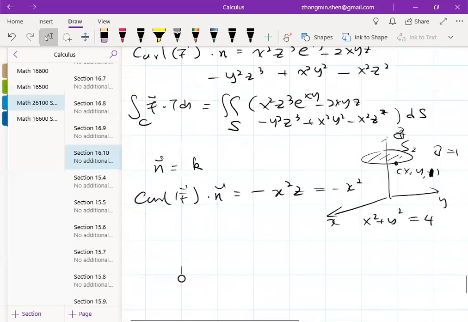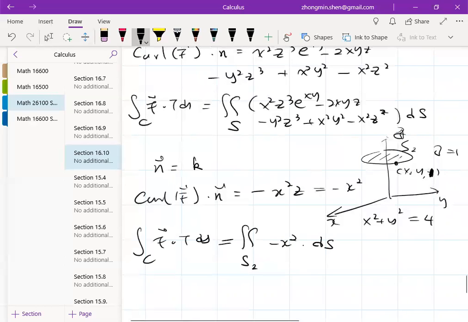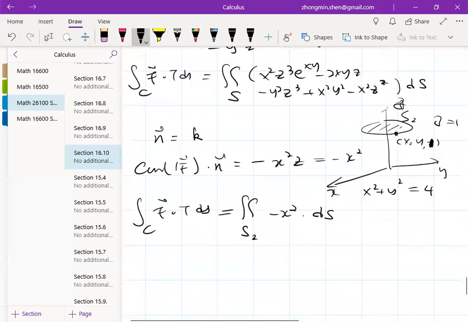So this line integral is going to be the surface integral on S2, and this can be negative x squared dS. But it's a flat surface. dS is just equal to dA. So this is nothing but the integral over the domain D of negative x squared dA.